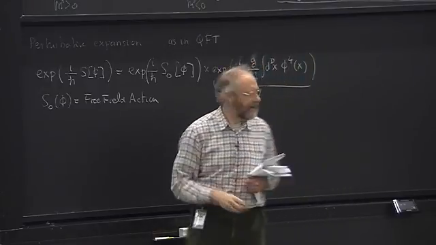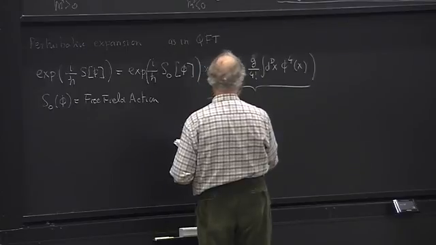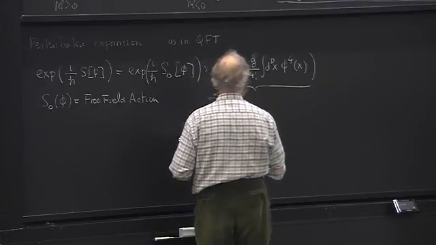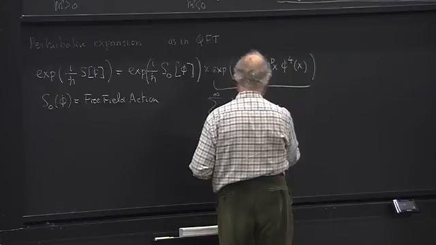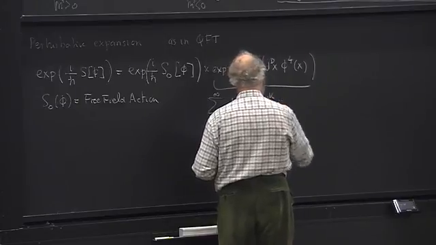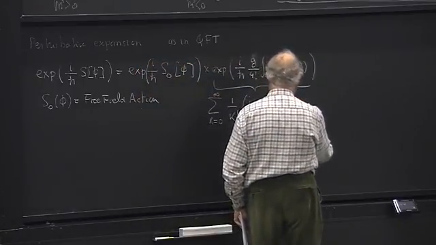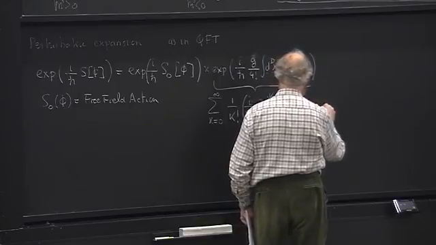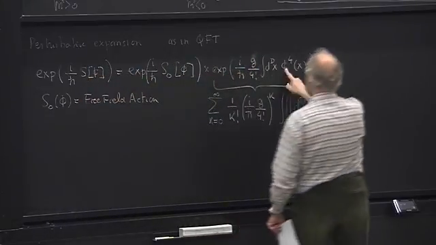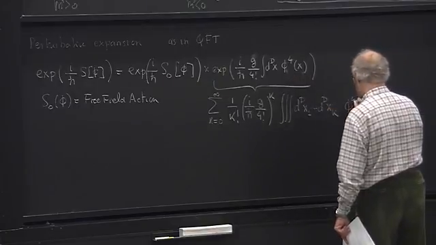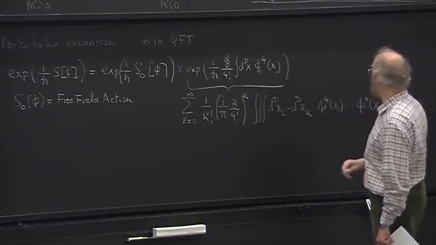So we write the exponential as a sum from k equals 0 to infinity of 1 over factorial k times (i over h bar g divided by factorial 4) to the power k times this integral. So now this integral becomes a multiple integral over k different points of the products of those operators phi^4 of x1, ..., phi^4 of xk.